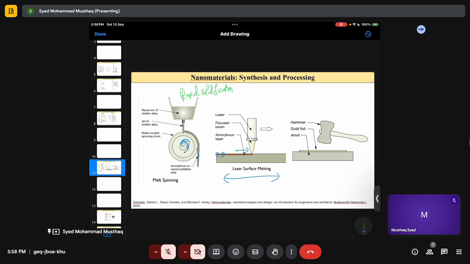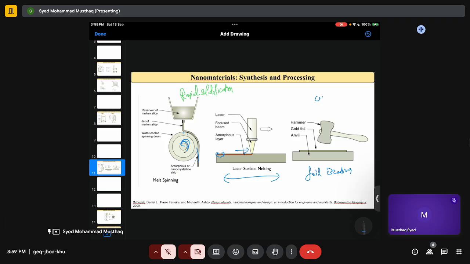And then I have gold beating or foil beating, and it is done for very ductile materials. What do you mean by very ductile?